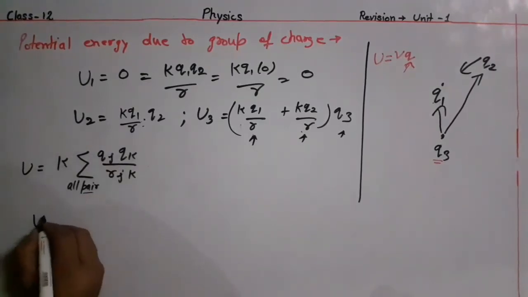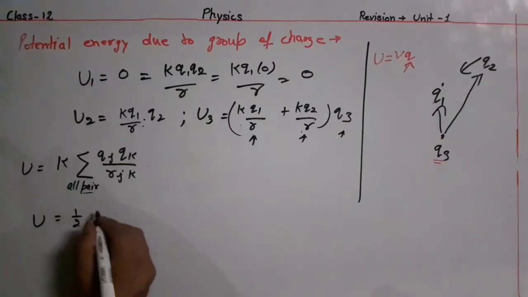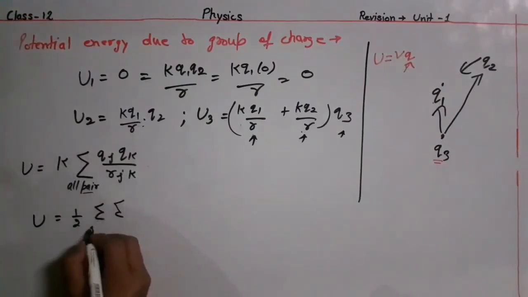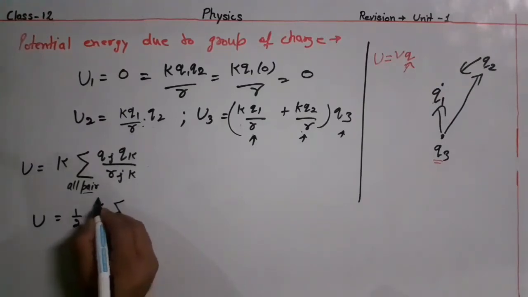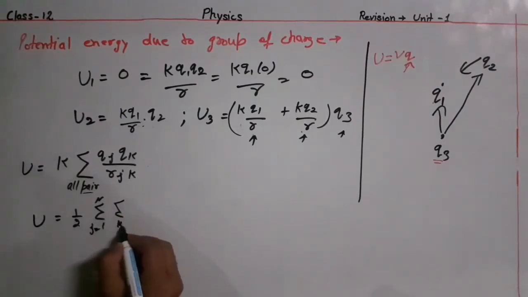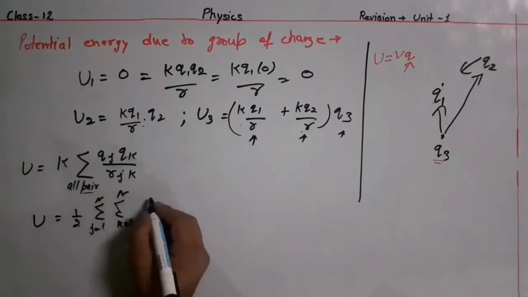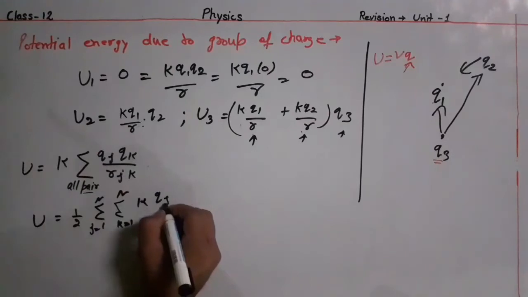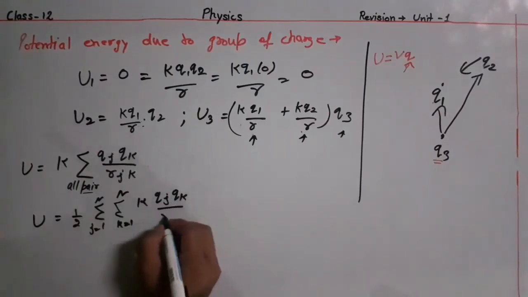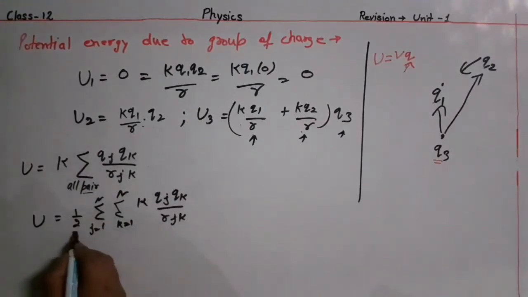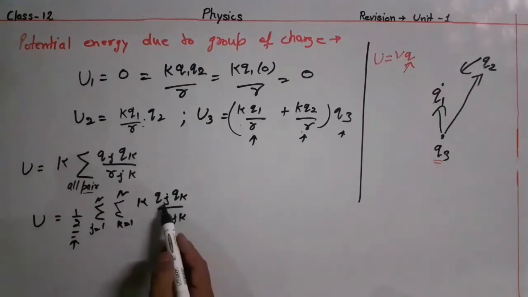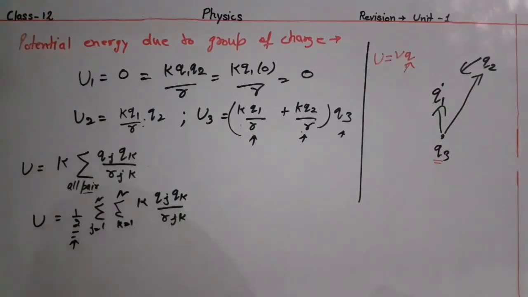We will write this U as equal to 1 by 2 of summation, again summation: the first summation for j is equal to 1 to n, the second for k is equal to 1 to n, into K Qj Qk divided by Rjk. I have added only half. Why? Because this will remove our second pair of similar particles. Like 1 2, it will remove 2 1 automatically.